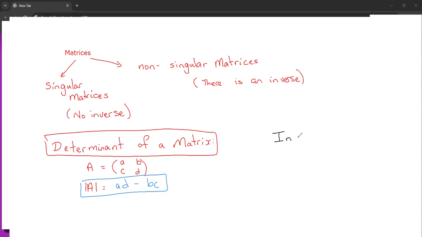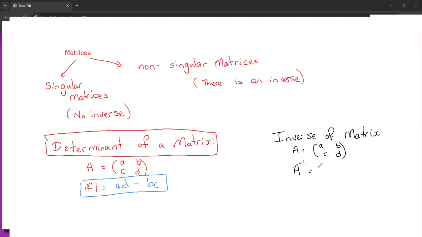Now, the inverse of a matrix is represented like this. If you're given a matrix A equal to a, b, c, d, or whatever 2 by 2 matrix you're given, replace it with the letters a, b, c, d. The inverse is represented by whatever letter the matrix is, with this negative power of 1.